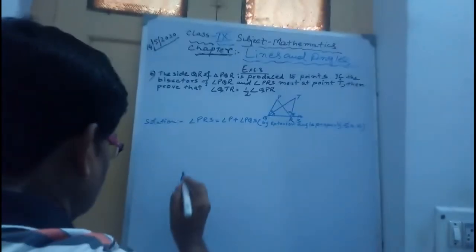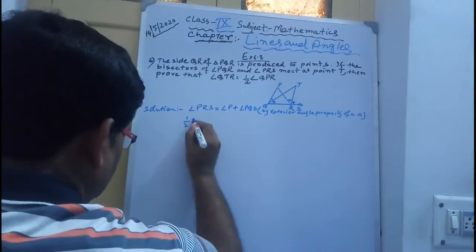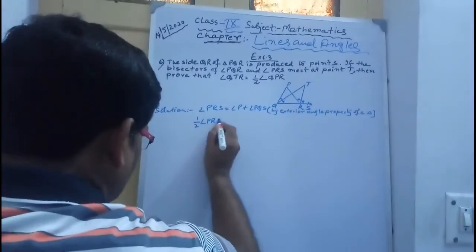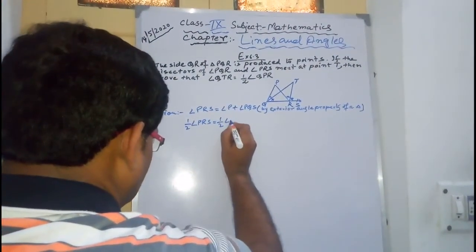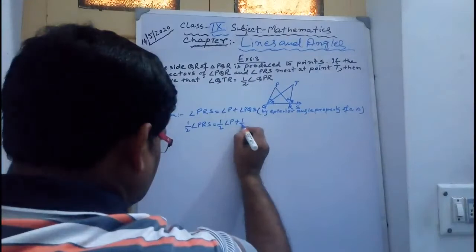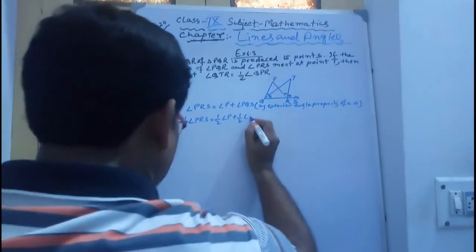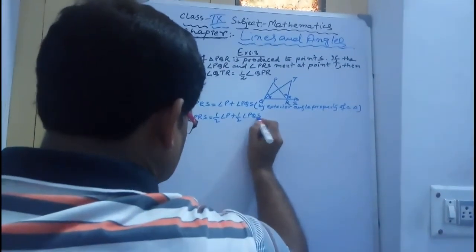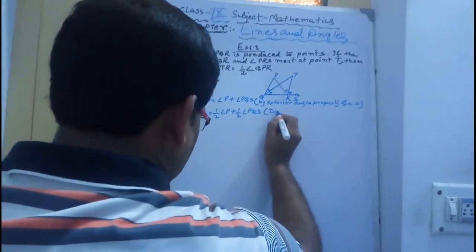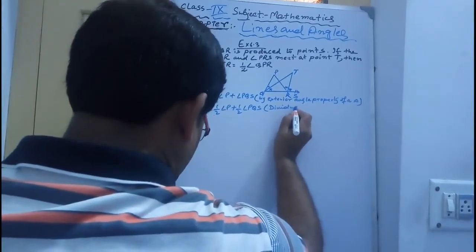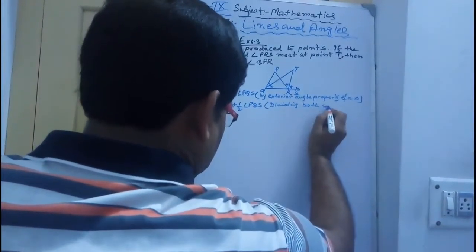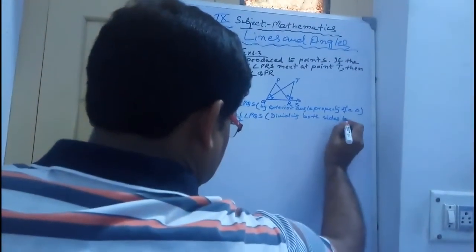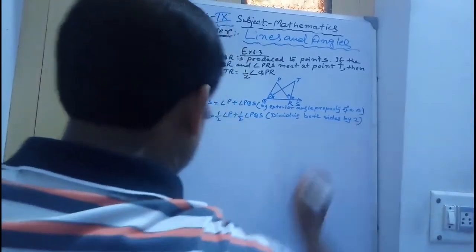So it is written: 1 by 2 angle PRS equals 1 by 2 angle P plus 1 by 2 angle PQS, dividing both sides by 2.